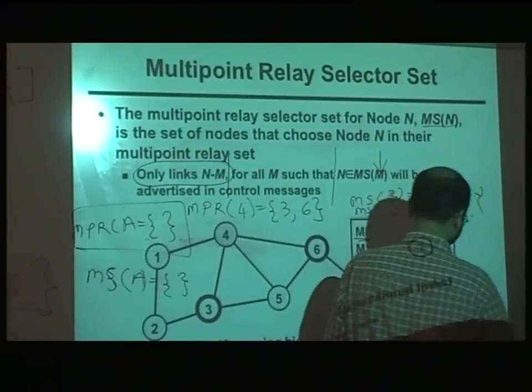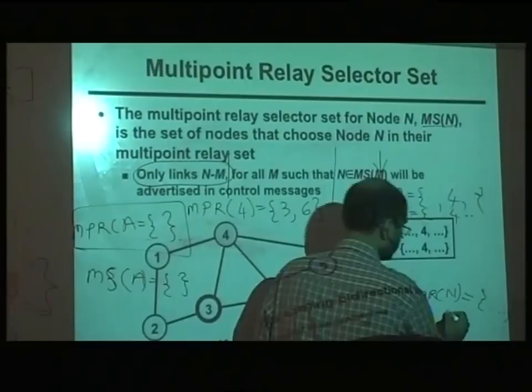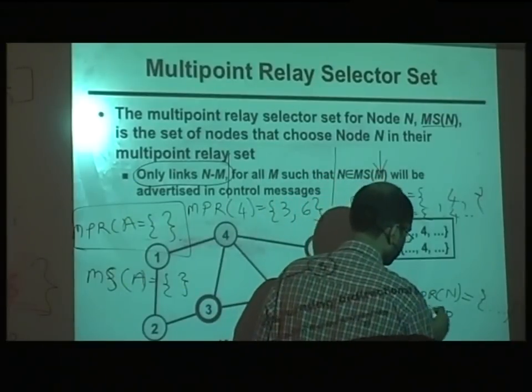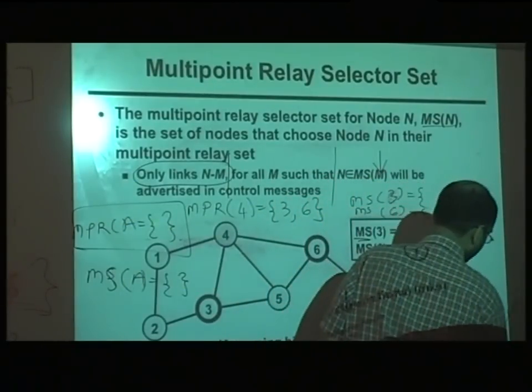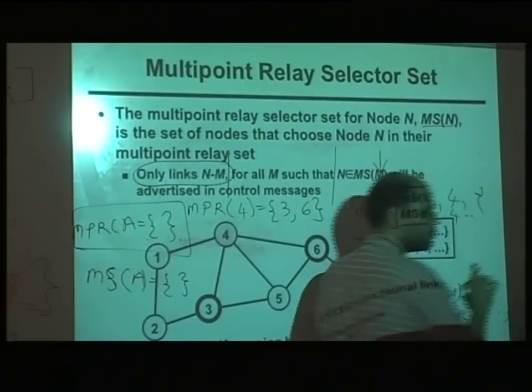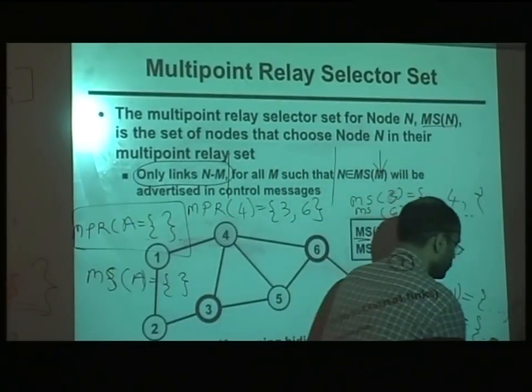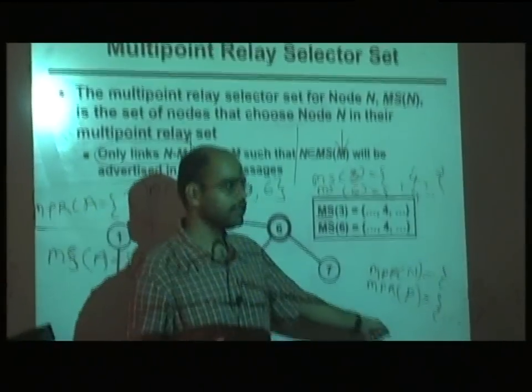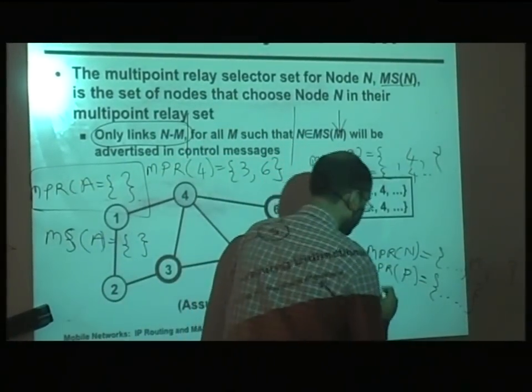So if MPR of P does not contain M, there are multiple cases, but for sure M is not there. Now M is not going to advertise P-N.